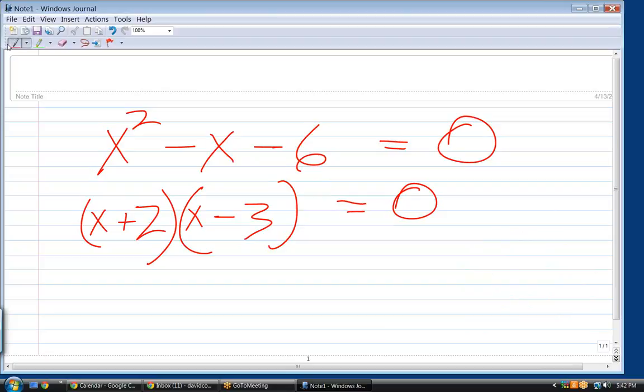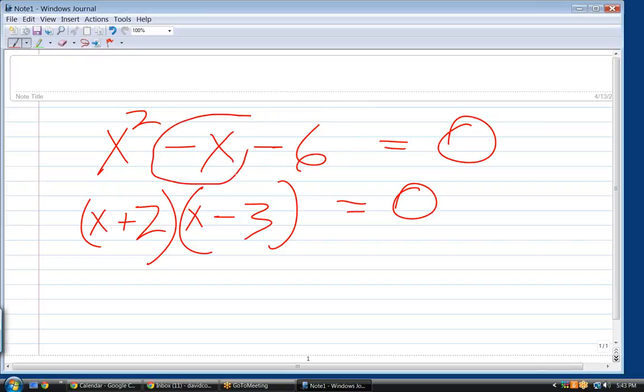So, if I want to check and see whether or not I did it right, I don't really have to completely FOIL this thing back together again. First of all, I know I did that right, and I know I did that right. 2 times minus 3 gives you that minus 6. x times x gives you the x squared. So the only term I really need to check is the middle term.